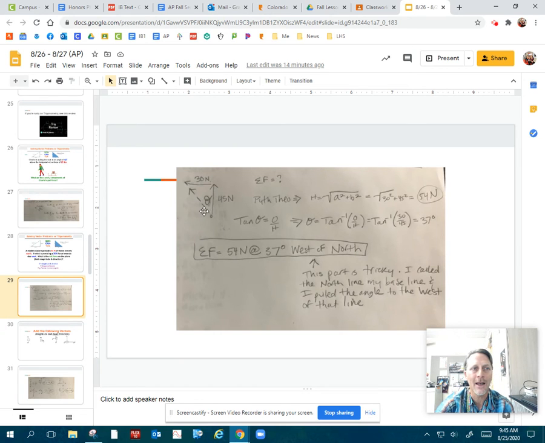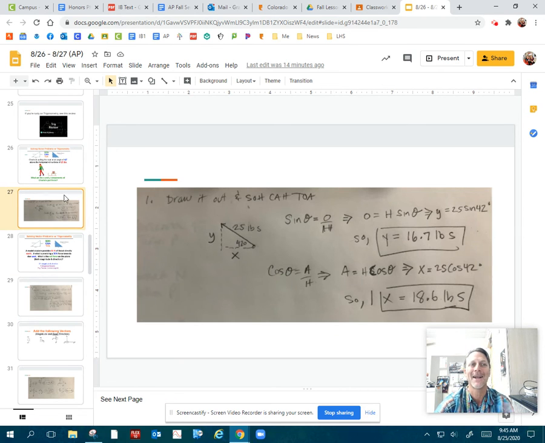So I draw it. Here's the vector that Charlie pulled with. Here's the x and y components. Actually, I'm sorry, I'm on the wrong slide. Back up. Here's the vector that Charlie pulled with. Here are the two components. Notice if I have the hypotenuse and the angle, and I want to know the two sides, the y part is the opposite side. The sine function, the SO of SOHCAHTOA, says that the sine of the angle equals opposite over hypotenuse.